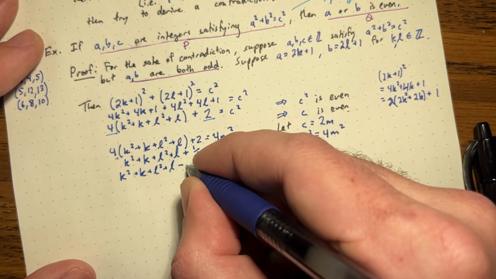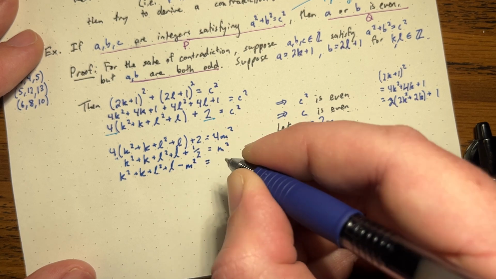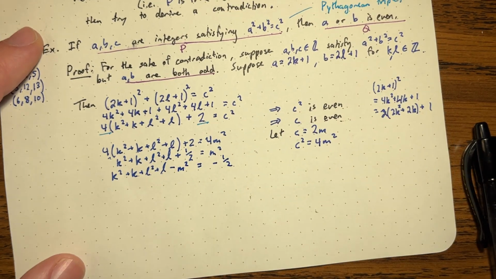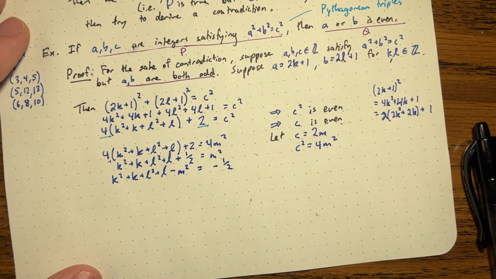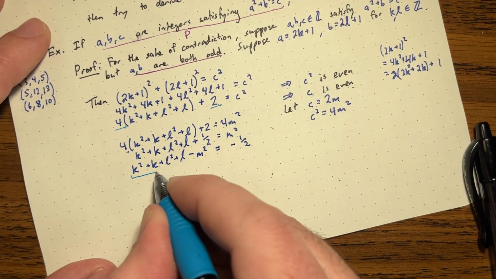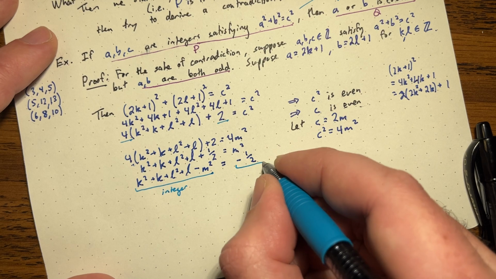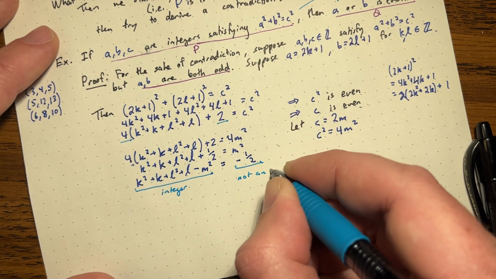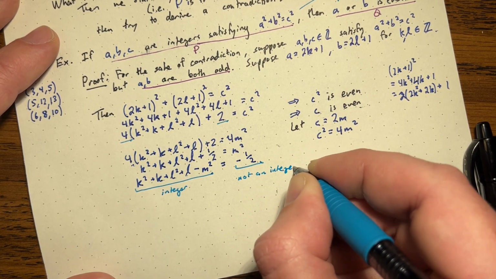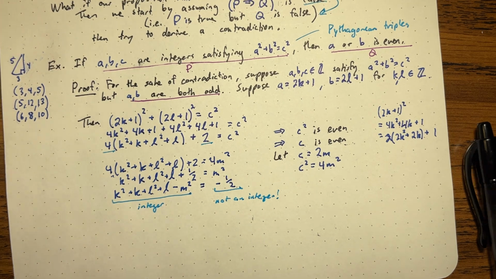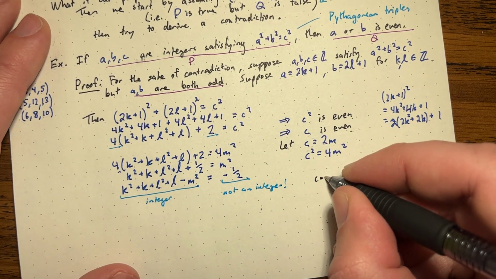Move all the variables to one side, and move the half to the other side. I need a negative half. That's okay. Okay, and then we have integer, not an integer. Contradiction. This is a contradiction.